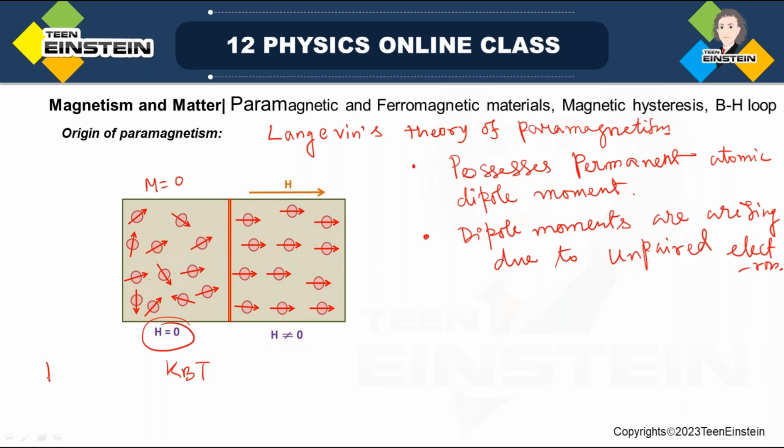This thermal energy is related to thermal agitation. Because of this thermal agitation, their orientations are very random. These dipoles are vectors, right?